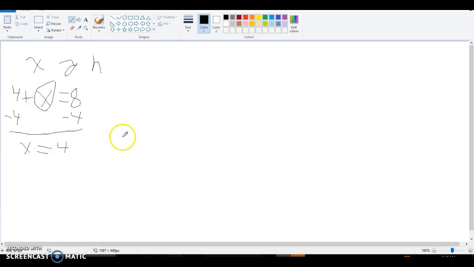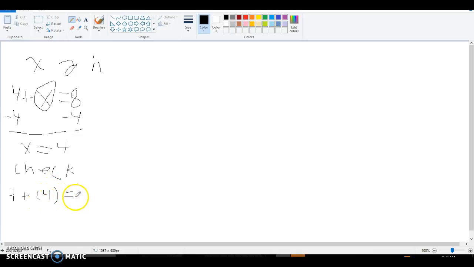Now, you want to always check to make sure that the answer you found for your variable is correct when you plug it into your equation. So we're going to check what we found for x by plugging in 4. When you plug in your number, you always want to put it in parentheses.